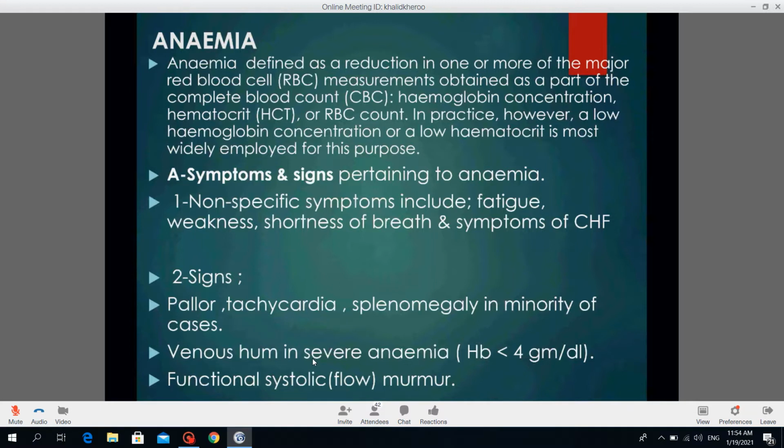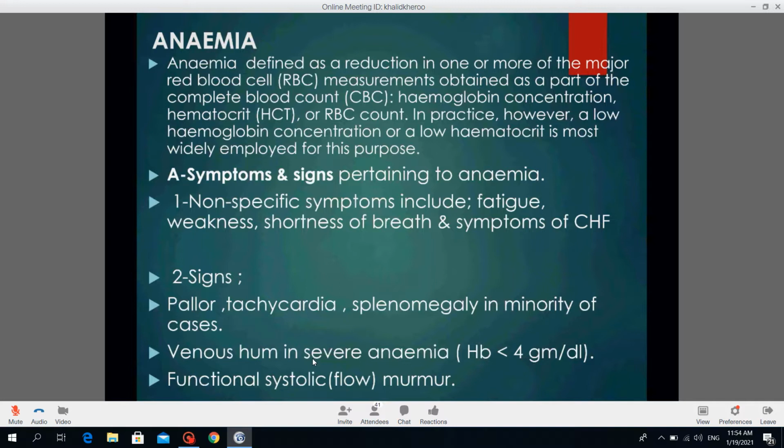This occurs due to increased blood flow across the valve, and this functional murmur disappears when the anemia is corrected. So the auscultatory findings in patients with chronic anemia in general: venous hum when there is severe anemia less than 4, and a functional systolic murmur due to increased flow across the valve, best heard toward the pulmonary valve.